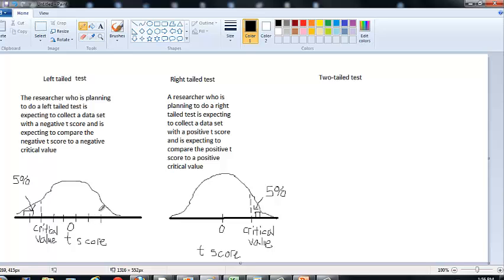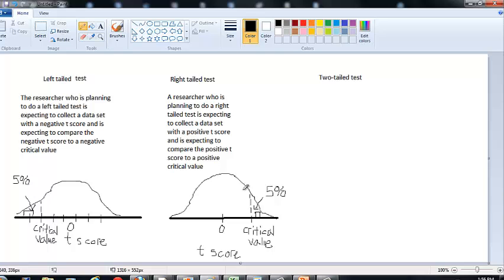What does the researcher do then? Well, if the researcher ends up getting a positive t-score, the researcher can't do the left-tailed test that they were expecting to do, and they have to change their plans, because in order to do a left-tailed test, the person has to get the negative t-score that they were expecting.